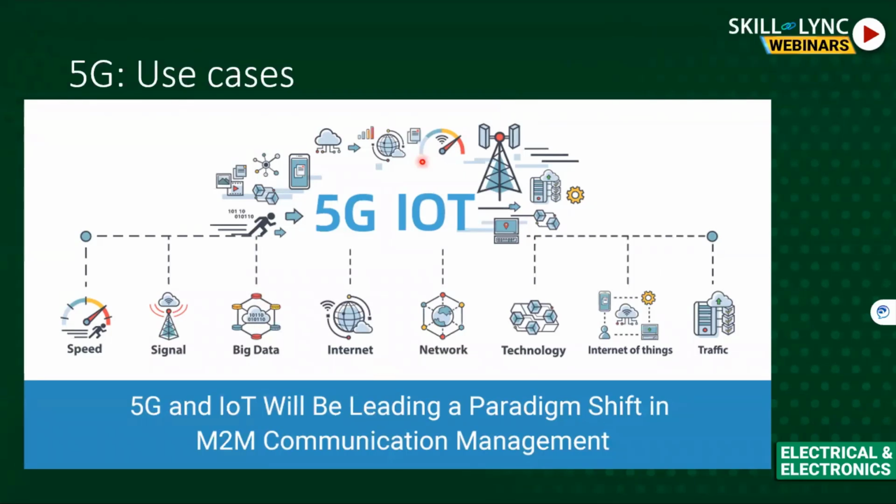So this is how our lifestyle and our whole surroundings will be changed based on how we see things, right? Starting from speed, signal, big data, internet, latency basically. And then if you see here, mobile applications uploading and downloading to the cloud, and this is the internet speed, and this is the coverage, the antenna directions.